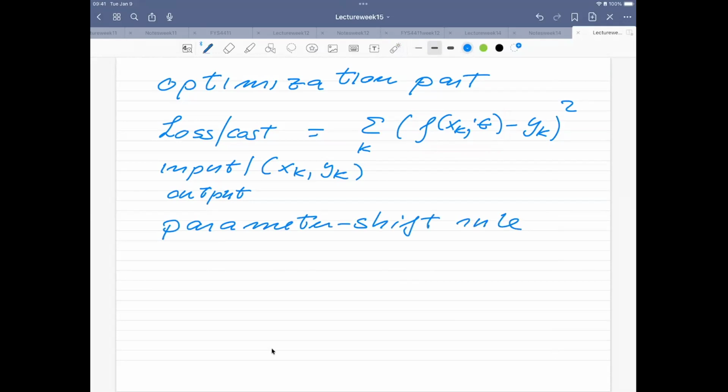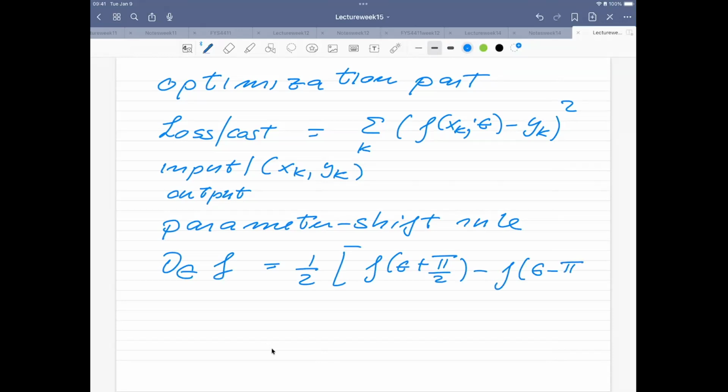The function which we need to optimize is a function of this f here, which is going to give us an exact formula, which we also applied when we looked at the VQE algorithm. And we have to do this, so we're going to put a k here and a k. So we have to do that for all the parameters which we have.